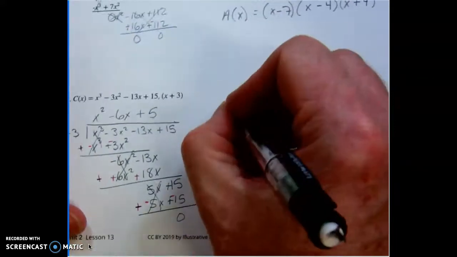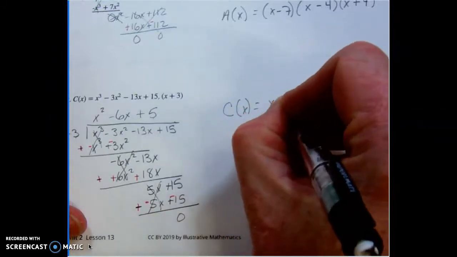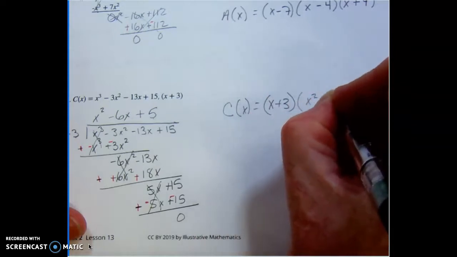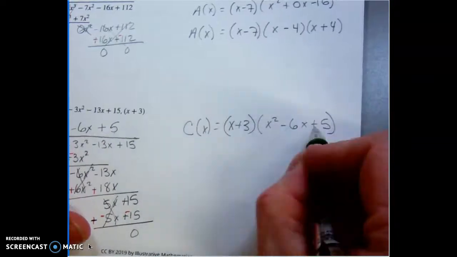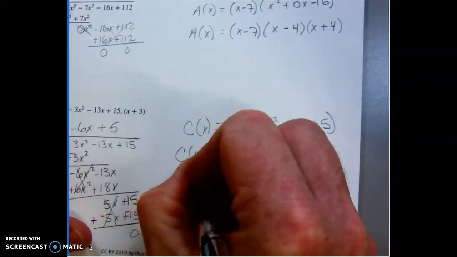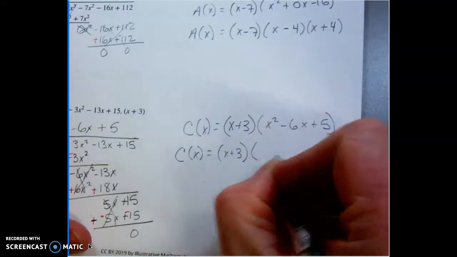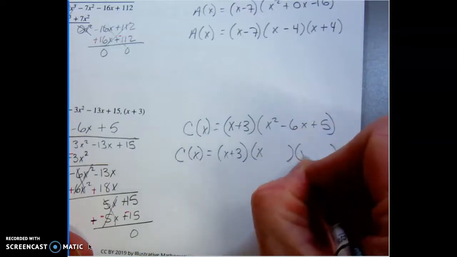So that means I'm down to the function c of x equals x plus 3 times x squared minus 6x plus 5. And I think I can probably factor that. We're going to factor the trinomial now. So the x squared gives us x times x.